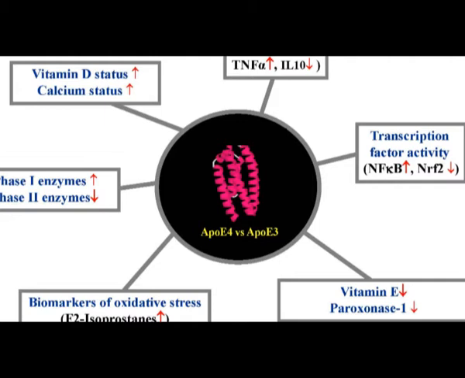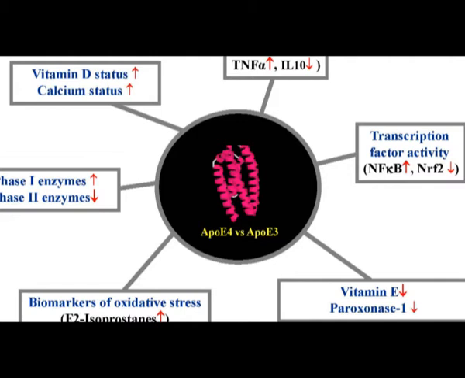In our transgenic mouse model, we looked into paraoxonase mRNA and protein levels in response to the ApoE genotype. What we found is that the genotype at risk, the ApoE4 genotype, produced lower amounts of paraoxonase 1, which is an enzyme centrally involved in the detoxification of oxidized LDL.